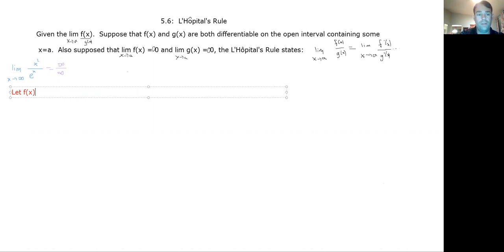Let f of x be equal to x squared and g of x be equal to e to the x. Both f of x and g of x are differentiable at infinity. So we get it all set up here.